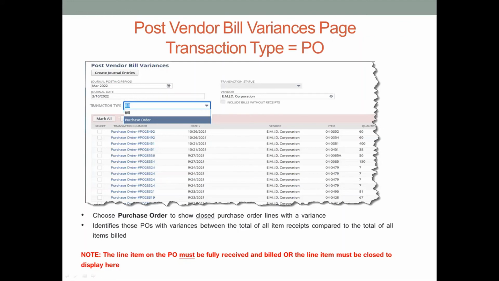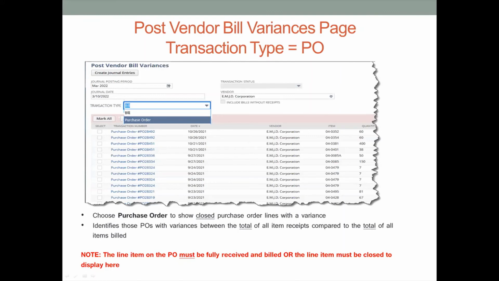On the purchase order, as I mentioned in the last slide, it shows any POs that have any quantity, pricing, or exchange rate differences between all the item receipts and all the bills for that line item. It's per line item in your PO, but it combines them.